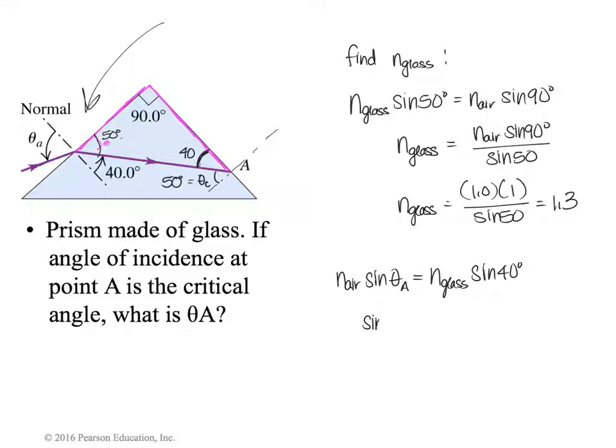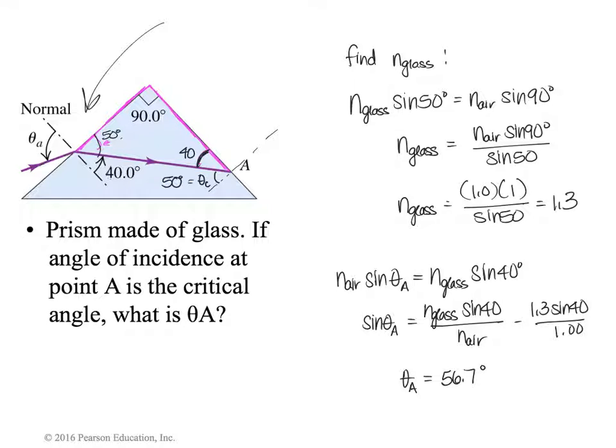So the sine of theta A is equal to n of the glass times the sine of 40 over n of the air. We know the index of refraction of the glass is 1.3 times the sine of 40 over 1. And so we actually then can solve for the angle A and find out that it's 56.7 degrees. And that is it.